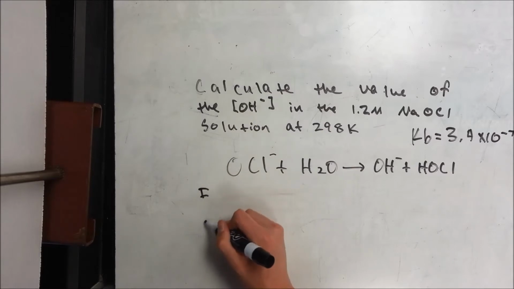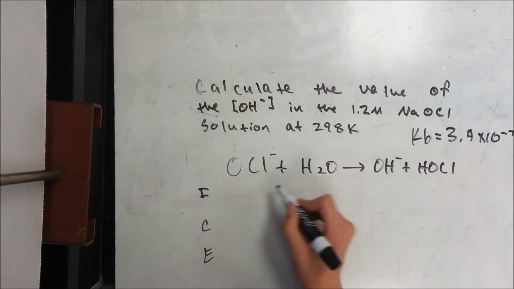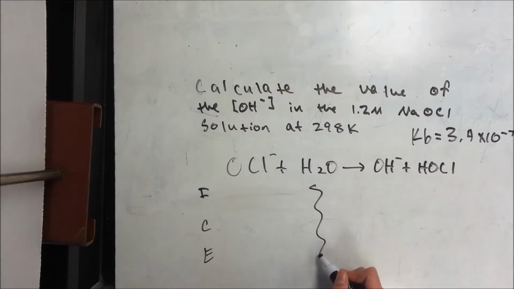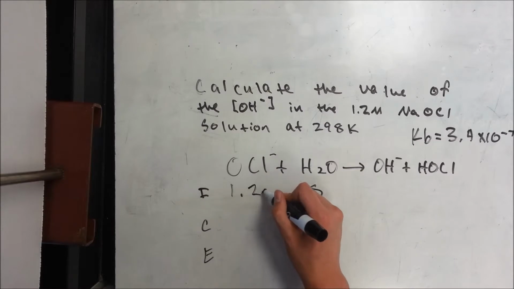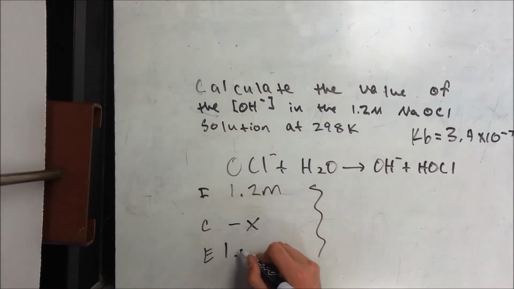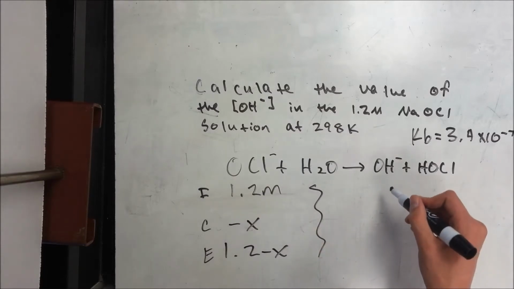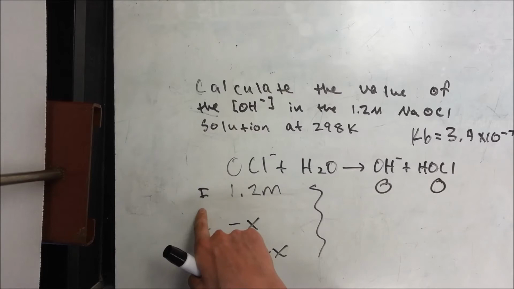So, we have a simple ICE problem. We ignore water as in all ICE problems, and the value of OCl minus is 1.2 molar initially. The change is minus x, 1.2 minus x at equilibrium. We have 0 concentration here, and 0 concentration here initially.